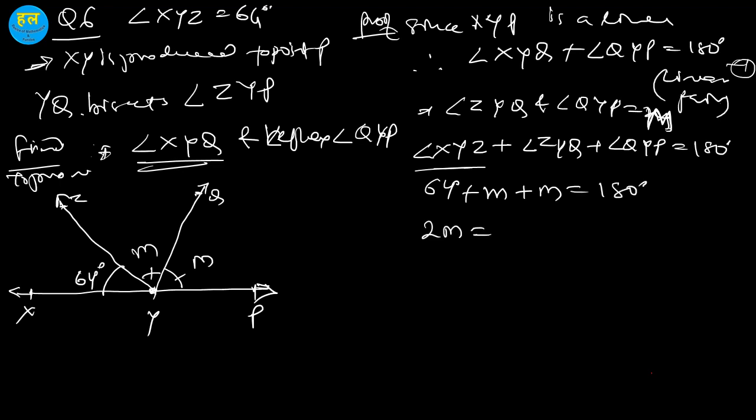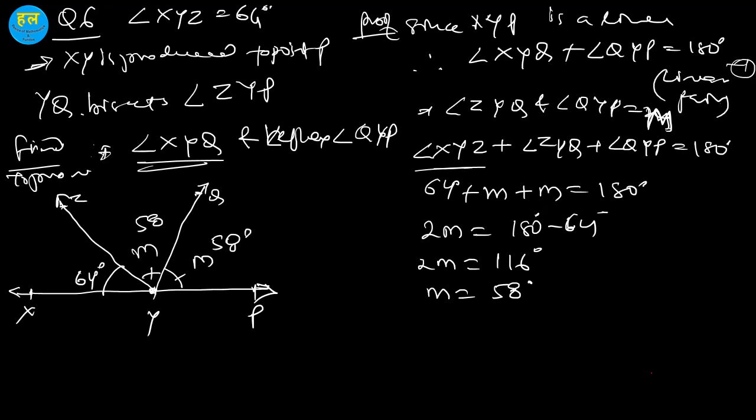So 2M is equal to 180 minus 64, 2M is equal to 116, or M is equal to 58 degree. So this becomes 58 and this becomes 58.